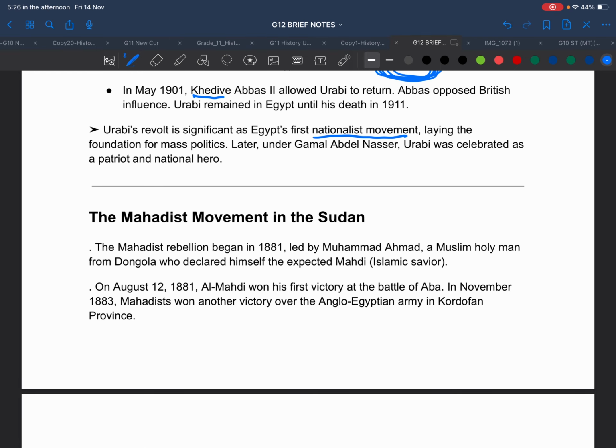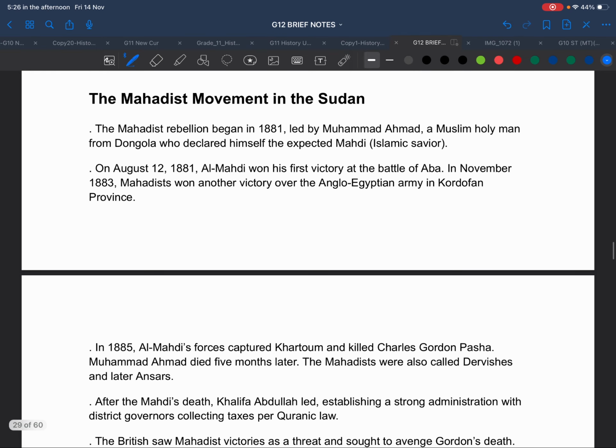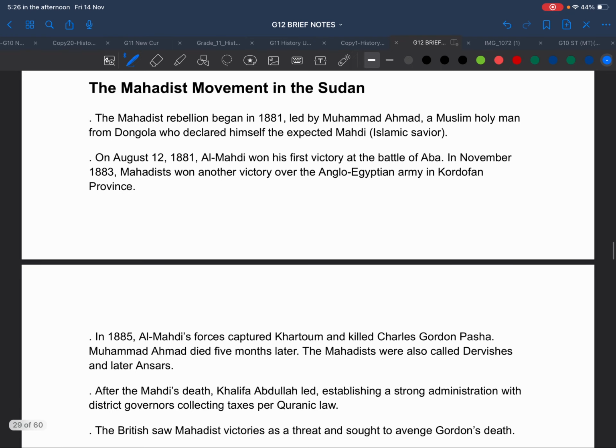The Mahdist movement, this was very amazing history, part of African history. The Mahdist movement in the Sudan was a religious movement at the beginning.